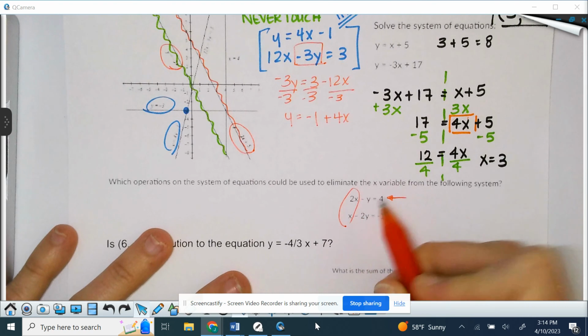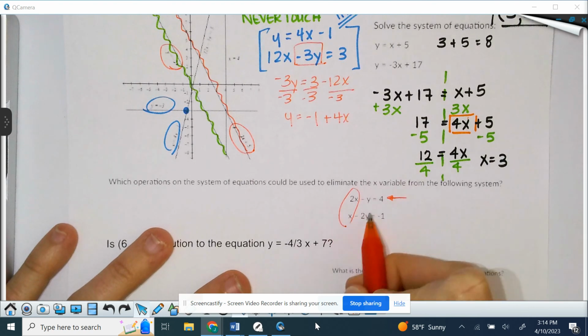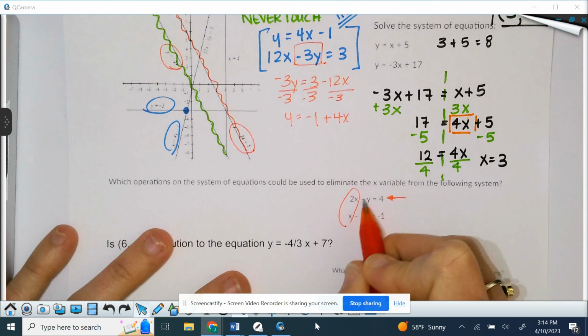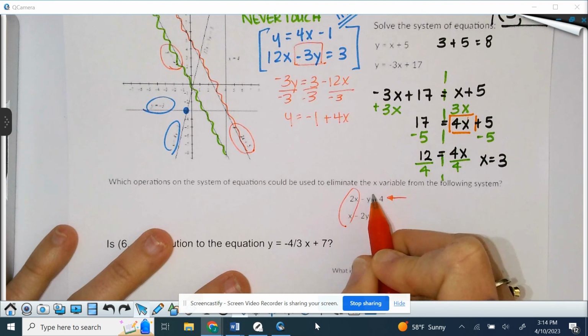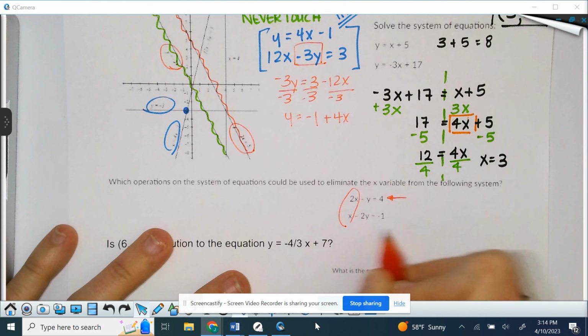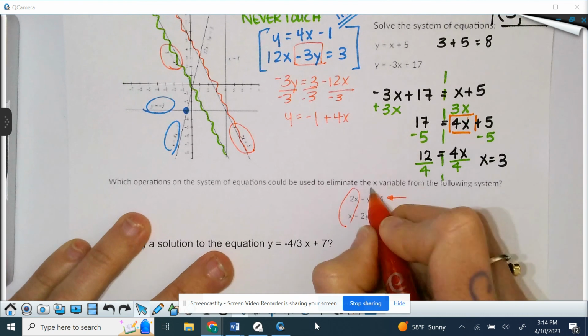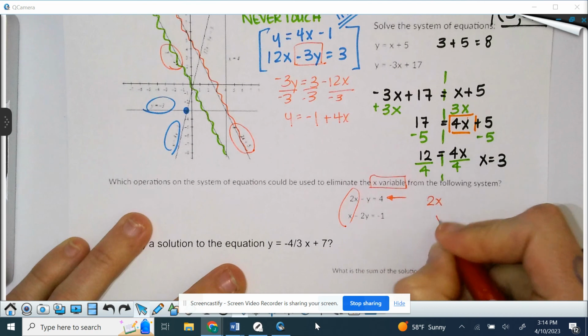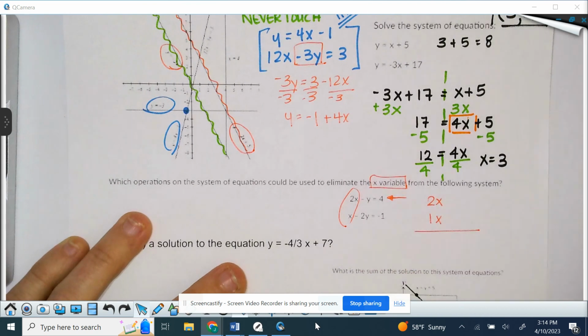So if we were wanting to cross out y's, then we would multiply the first equation by a negative 2, and that would make this a positive 2, and this one would become negative, and they would cross out. But in this case, we're looking to cross out our x variable. So we have a positive 2 over 1, just for the x.